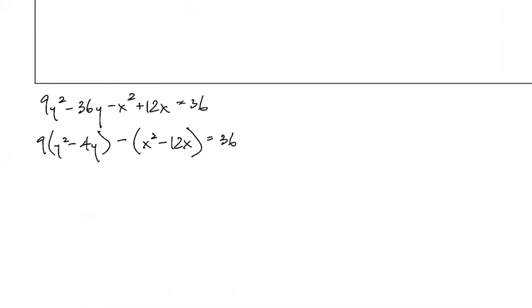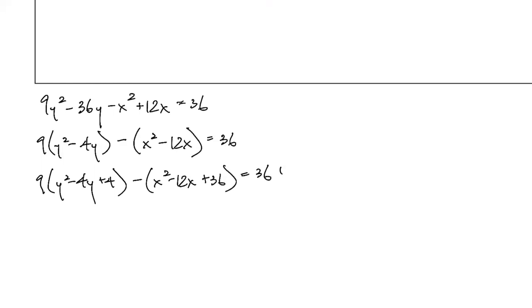And now let's complete our squares. 9y squared minus 4y plus 4, minus x squared minus 12x plus 36, equals 36 plus 36 minus 36. This becomes 9y minus 2 squared minus x minus 6 squared equals 36.